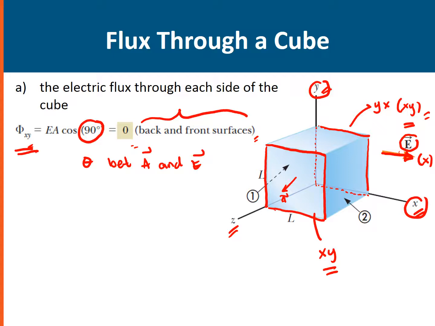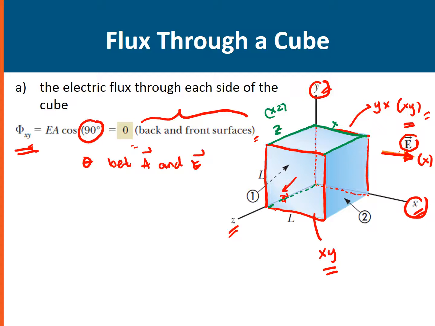Now if we look at the top and bottom surfaces, the top surface has this side as our z and this side as our x. So this plane here is our xz plane, and we also have another xz plane at the bottom.